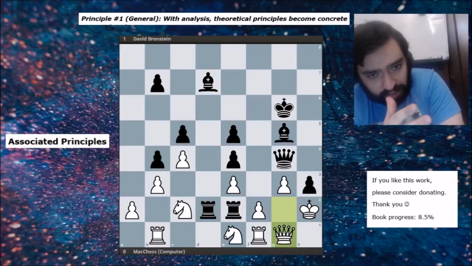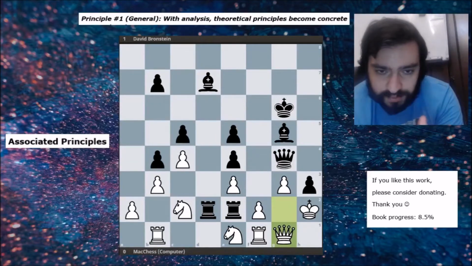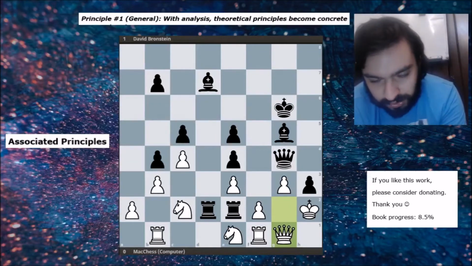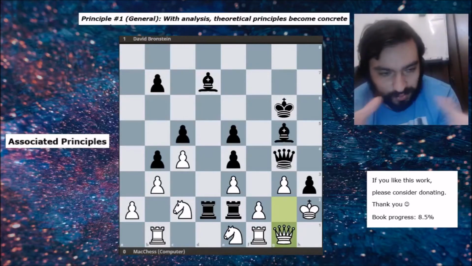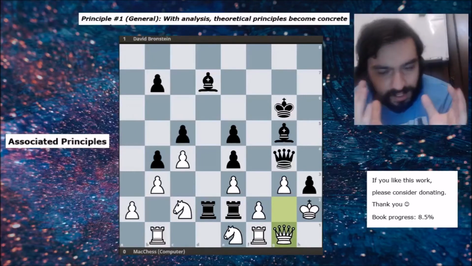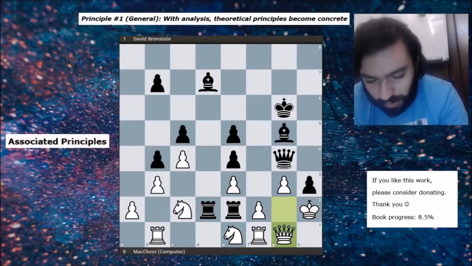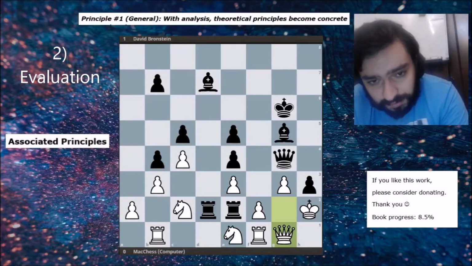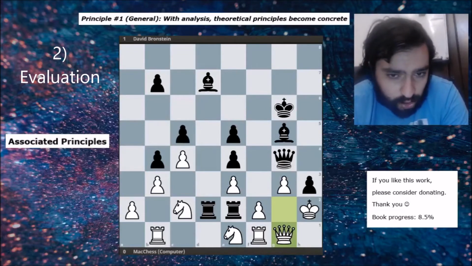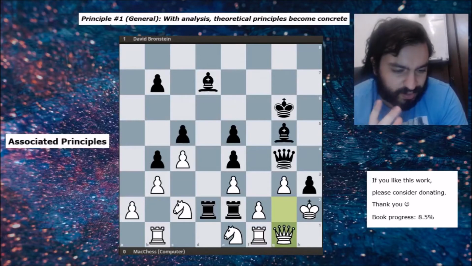Without visualization of move sequences, analysis would not be possible, and without an appreciation of the way the board looks, which is board vision, which we will talk about later, board vision being the ability to recognize what's going on on the entire board, analysis would also not be possible.